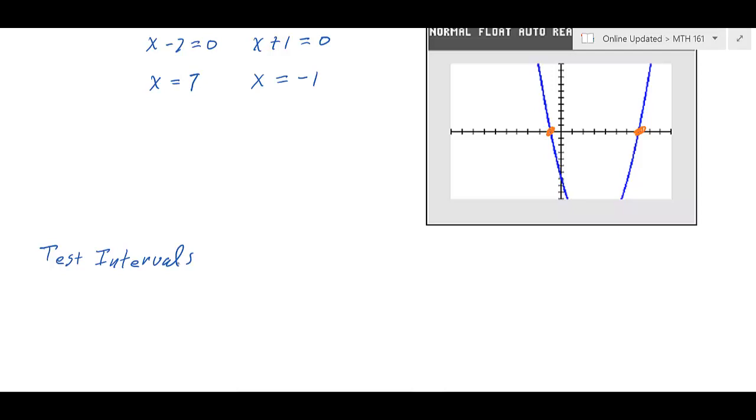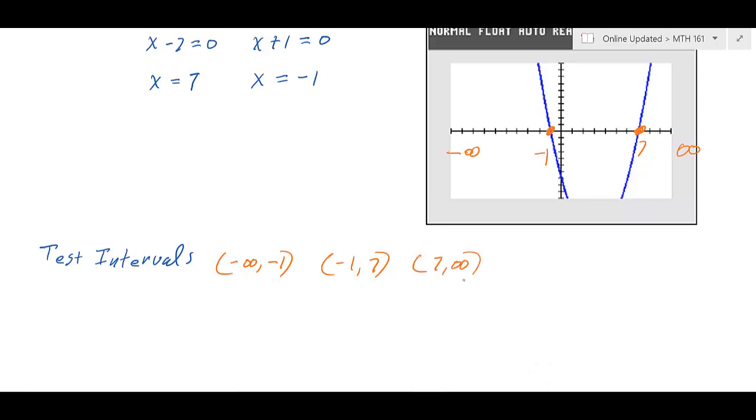So basically what that is telling us is we need to look at the interval here from negative infinity up to this point, which is negative 1. So we would look from negative infinity to negative 1, and then we need to look from negative 1 to 7, and then we need to figure out what's happening from 7 all the way over to positive infinity.